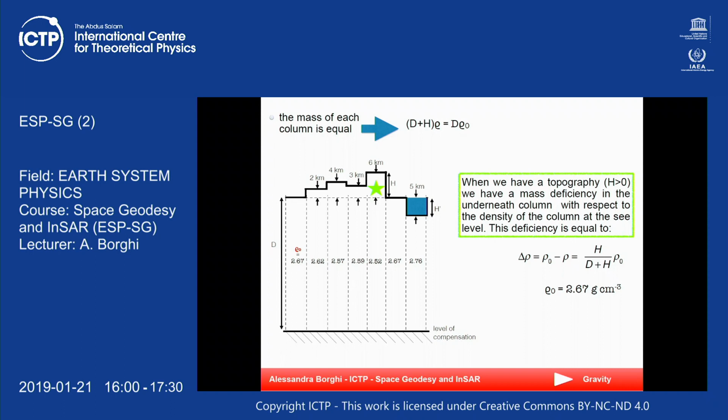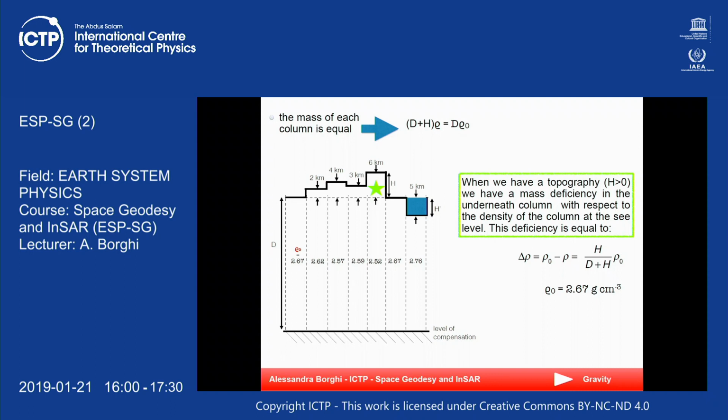And in the opposite case, when you have water, we know that it has a lower density. So it means that we have to increase the density of the column under the water. These differences in the density values can be computed with this formula.